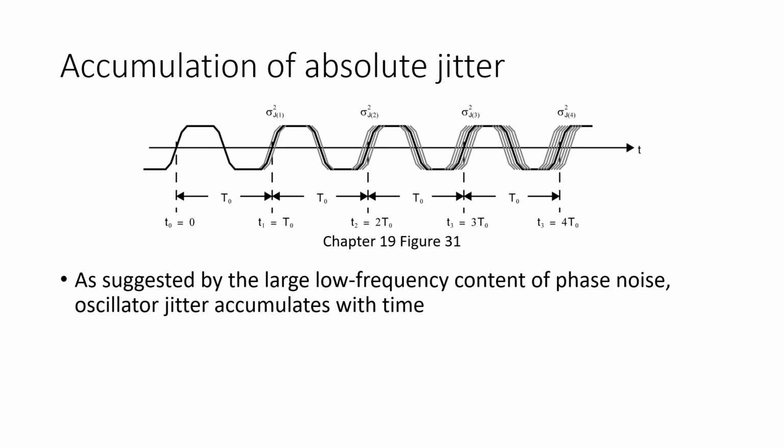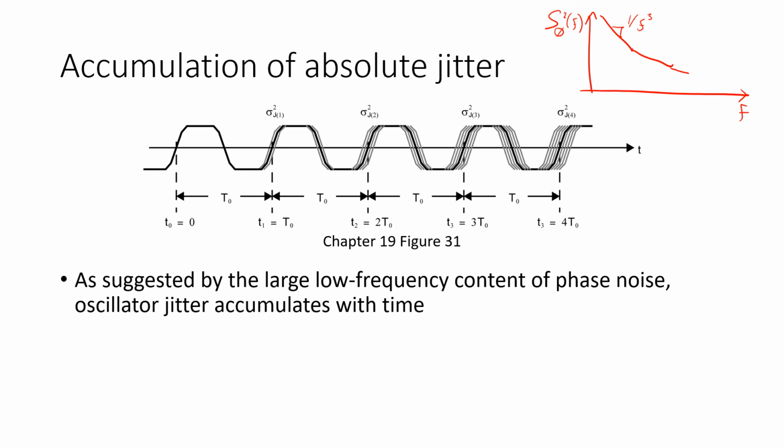This brings us to what some people find to be a confusing aspect of phase noise. Now we've said that jitter is the integral of phase noise, and we've also said that in practice phase noise looks like this. It has this component at low frequencies that is proportional to 1 over f cubed.